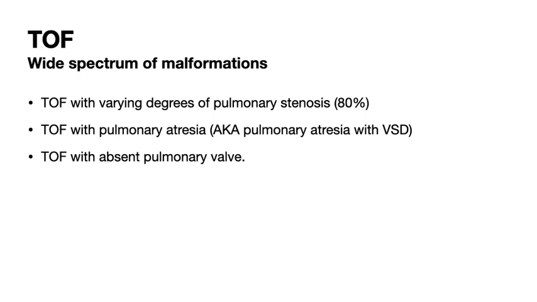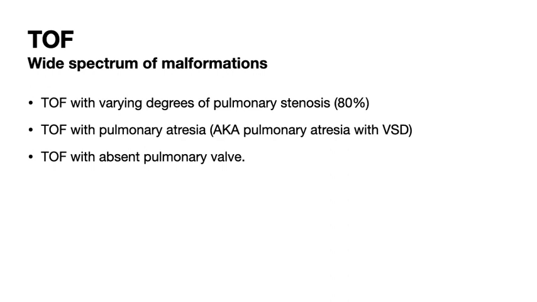So you still have your malalignment VSD, you still have your overriding aorta, but now the right ventricular outflow tract is complete and it's pulmonary atresia. So we talked about pulmonary atresia with an intact septum. Now we're talking about pulmonary atresia with a ventricular septal defect. This is actually part of the tetralogy group.